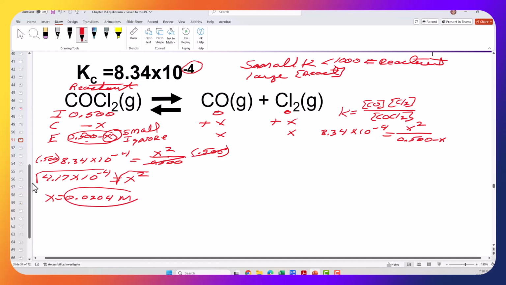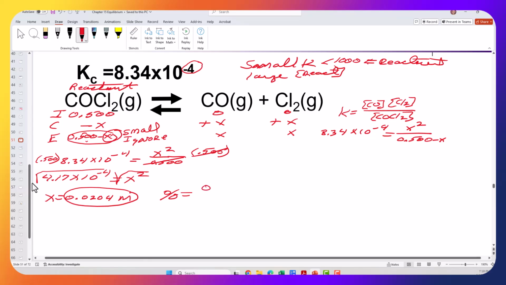Now, how do I see if it is acceptable to ignore the x with respect to the starting concentration? Well, I test it. I test it by determining what percent my x value is of the starting concentration.